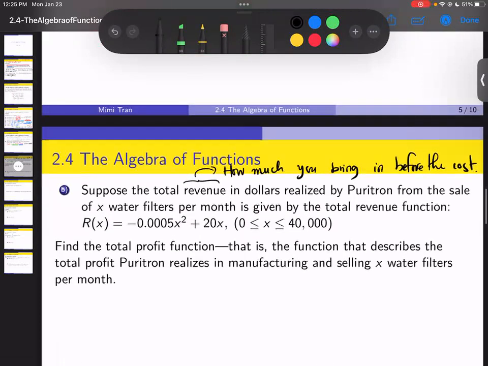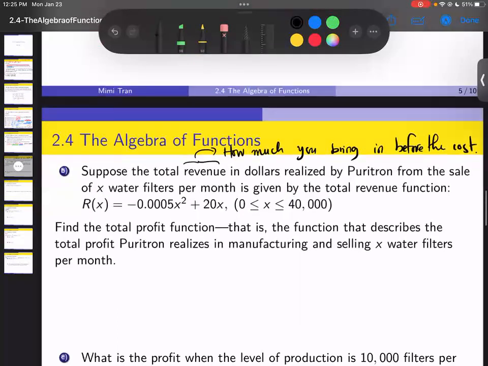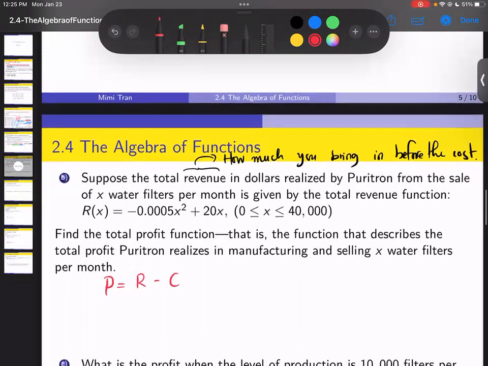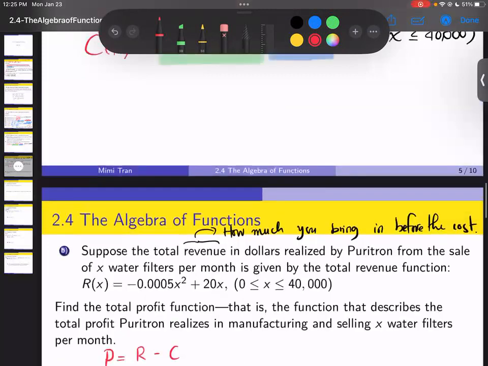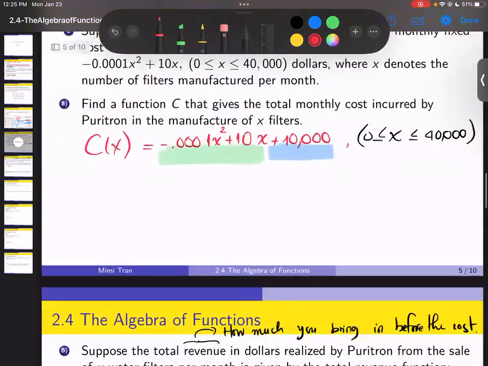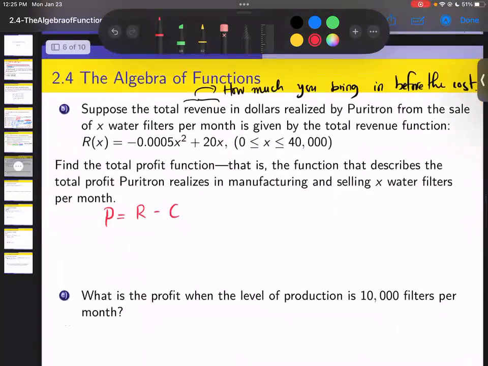All right. Do you agree that profit is equal to revenue minus the cost? Yes, right. Do you know revenue? You have the function for revenue, and the function for cost right here. You plug it in. Let me rewrite this with the x.